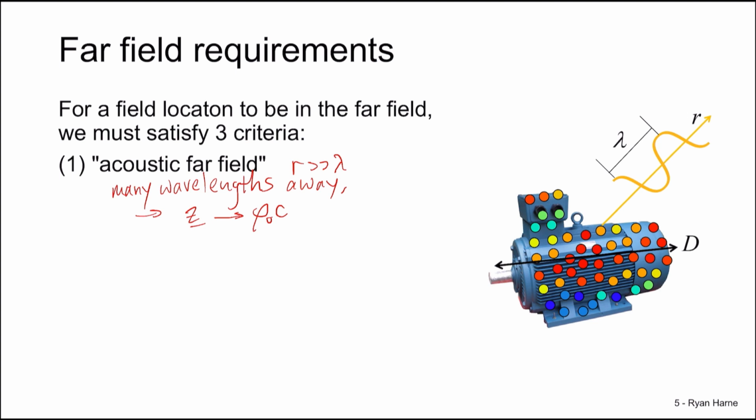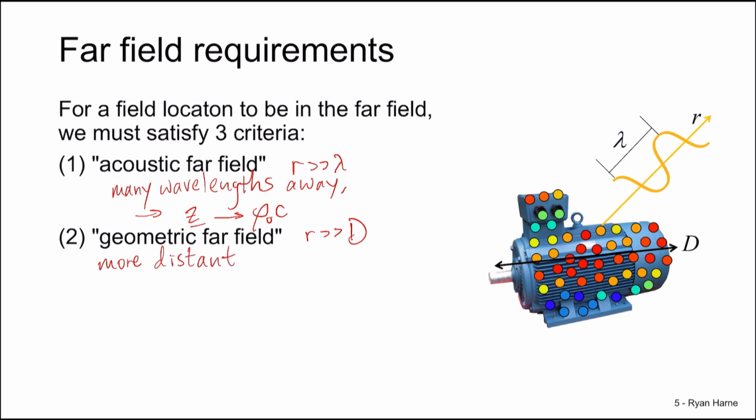We've also heard of the geometric far field. This is a case where R is much greater than capital D, where D is the characteristic dimension of the overall source. So this is more distant than the source size.